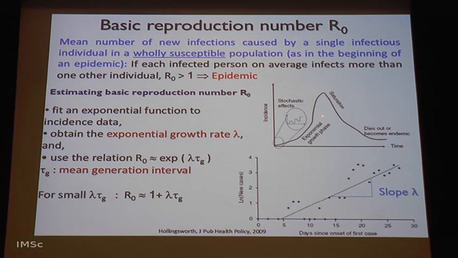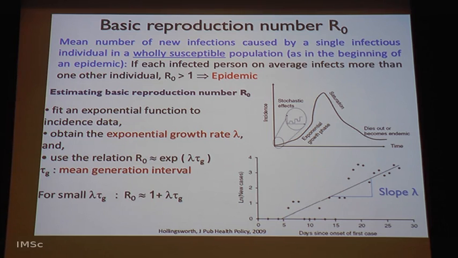So from this exponential growth, lambda is the exponential growth rate, which we have to estimate. Tau g is the mean generation interval, defined as the time taken for secondary infected individuals to arise from the primary infected individual.